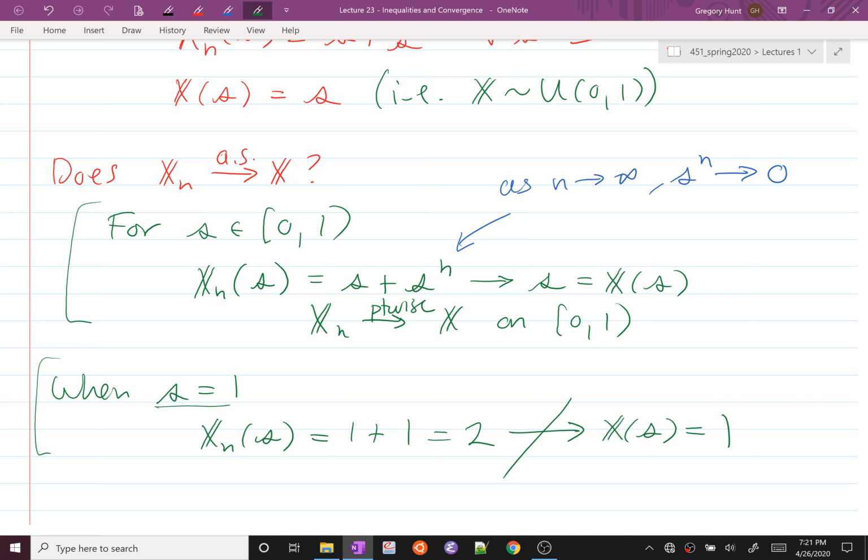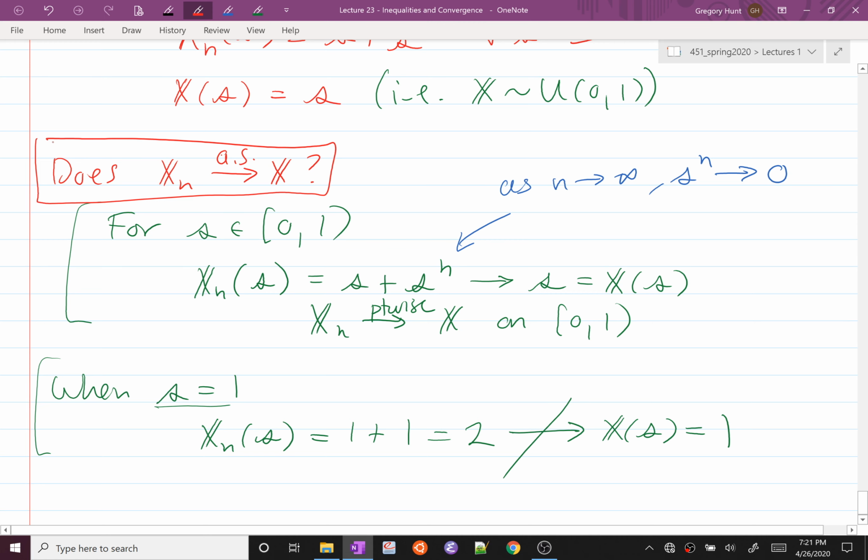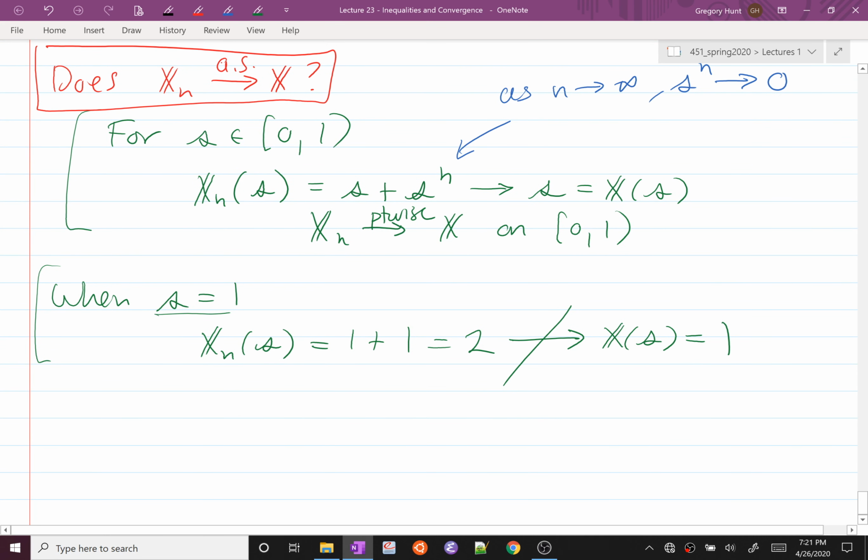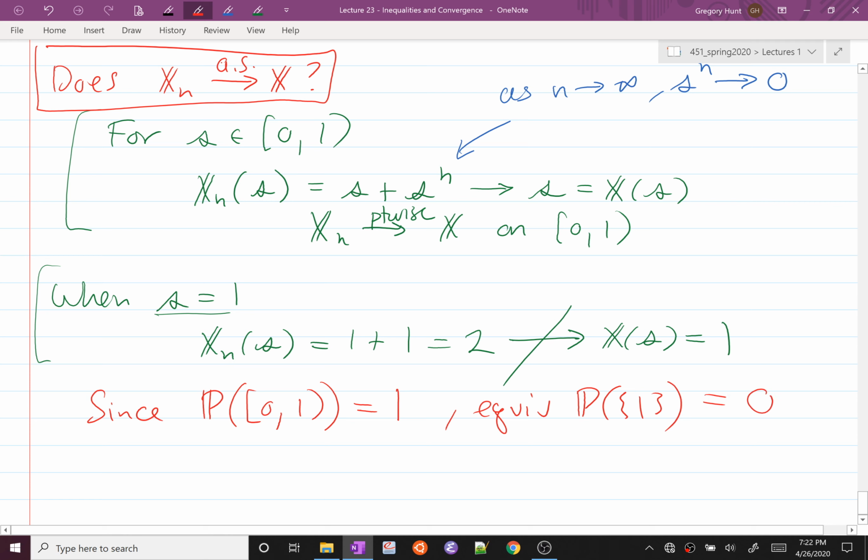But the question we wanted to answer is, does our sequence of random variables converge almost surely? Since the probability of the set 0 to 1 excluding 1 is 1, or equivalently, the probability of just the point 1 is 0, because we have a uniform density over 0 to 1 and the probability of any individual point is 0, we don't care about just this little set, 1, where it fails.